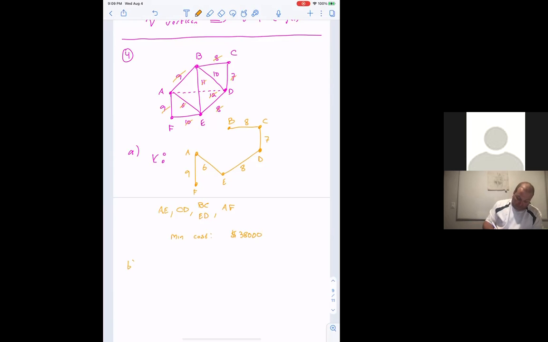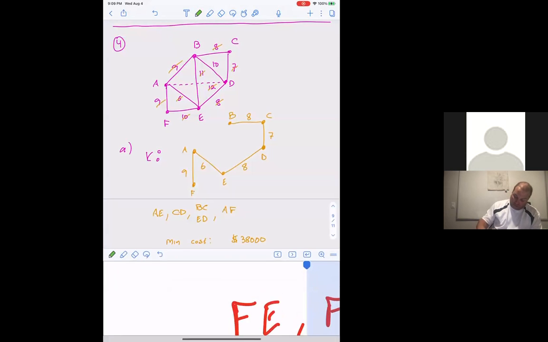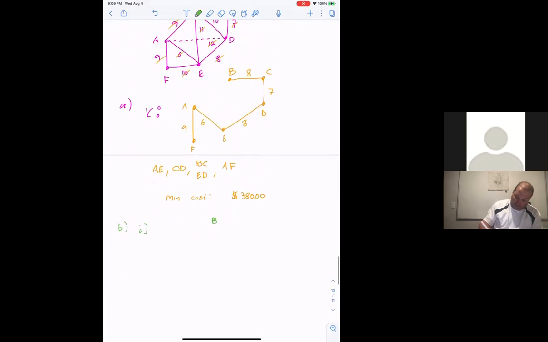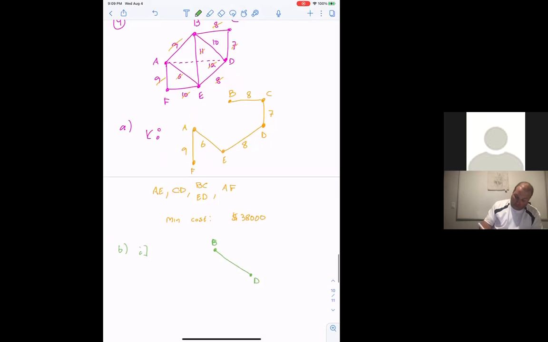Now, part B. It says, state how you would adapt the algorithm if it is essential for offices B and D to be connected. If it's essential that B and D are connected, I will start with a connection between B and D with their cost.